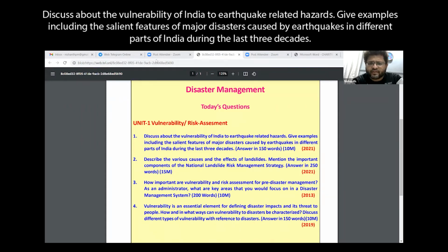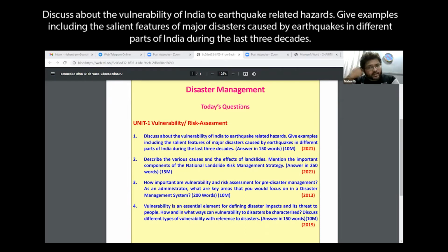Now in this context, see the question about the vulnerability of India to earthquake related hazards. For this, we can write an introduction about India being that particular very vulnerable zone where it is meeting the Gondwana land.